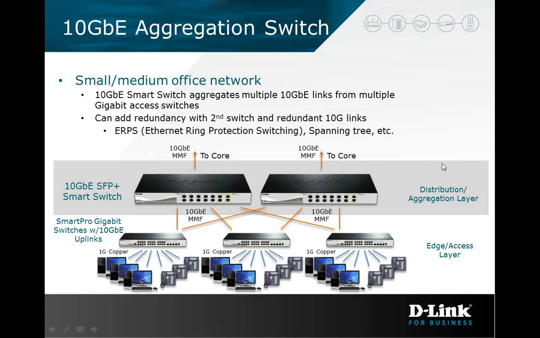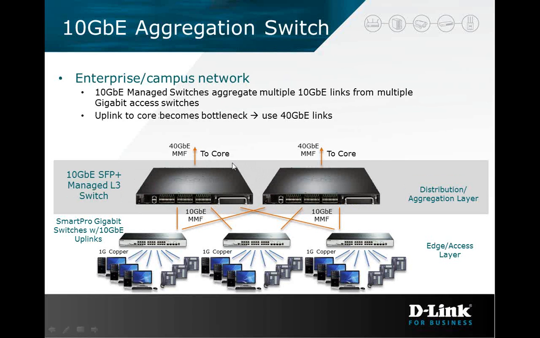Now, if I get into a larger network, I may find that my 10 gig uplink into the core from my aggregation switches becomes a bottleneck, a choke point, because I've got so much traffic I need 40 gig uplinks into the core of my network. So what I've done now is use higher-end switches in the aggregation layer.